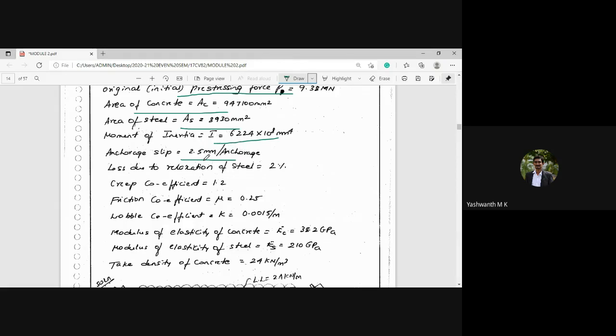So please observe 2.5 millimeter. Loss due to relaxation of steel is 2%, creep coefficient 1.2, friction coefficient 0.25, wobble effect 0.0015 per meter. Next, modulus of elasticity of concrete is 38.2 GPa and modulus of elasticity of steel is 210 GPa. And take density of concrete as 24. So these are all the data.